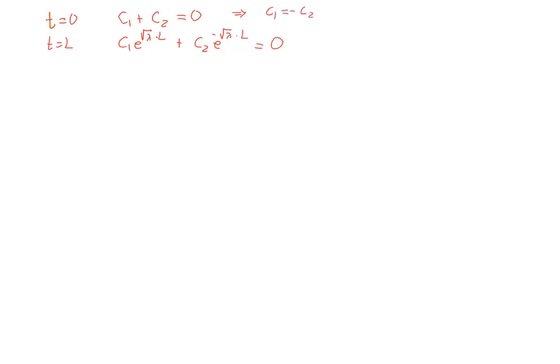And if you plug this into the second equation, then that will give you minus C2 times e to the square root of lambda times L plus C2 e to the negative square root of lambda times L equals 0, which means that you get C2 times negative e to the square root of lambda times L plus e to the negative square root of lambda times L is equal to 0.